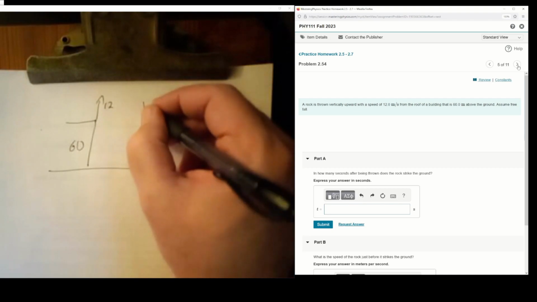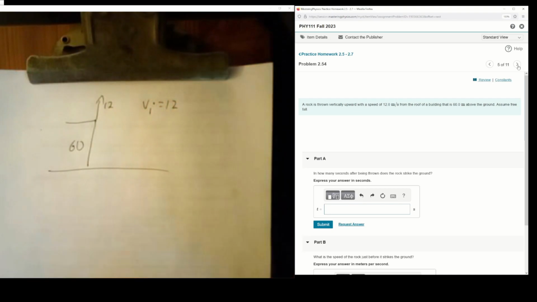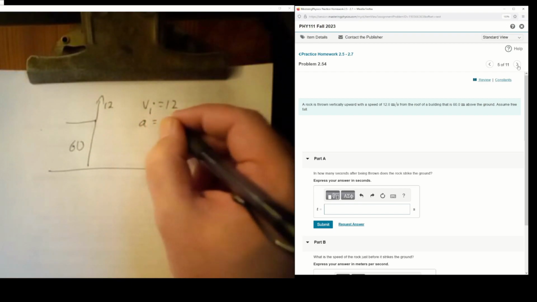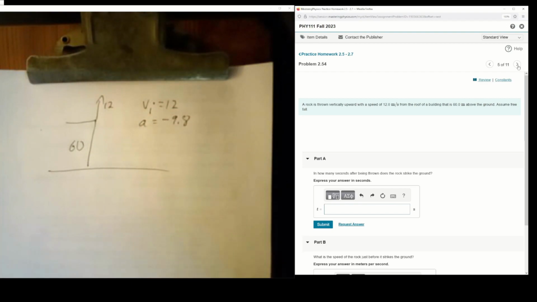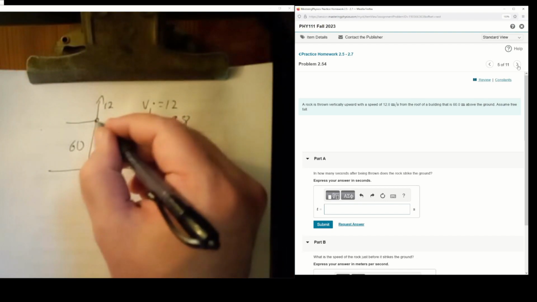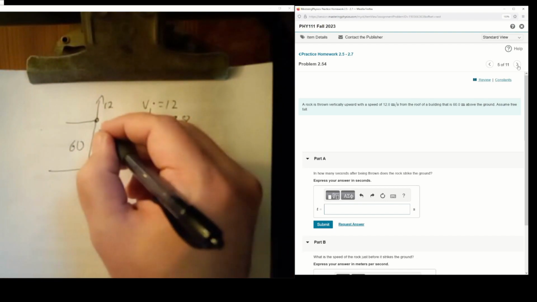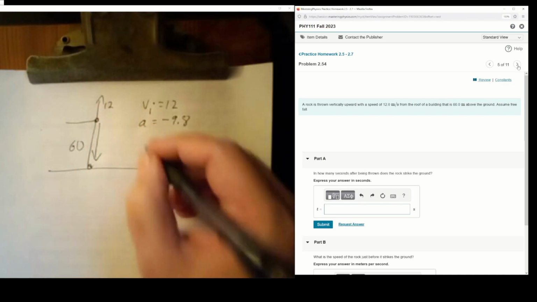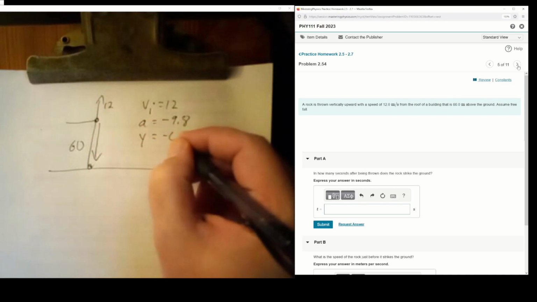And so what information we got? We got initial, positive up 12, acceleration due to gravity's minus 9.8. Our displacement, we start here, we end here. That's down in a negative direction. So we're going to have minus 60 for our displacement.